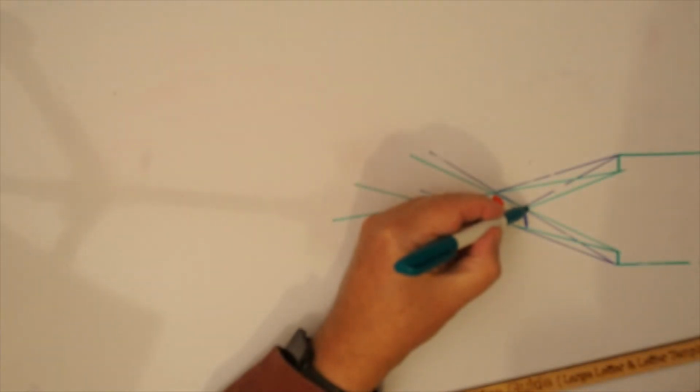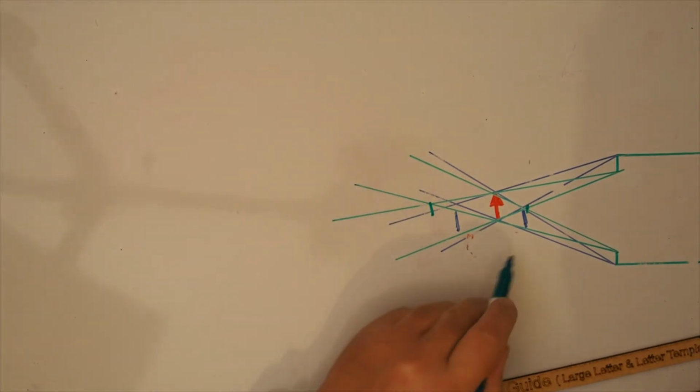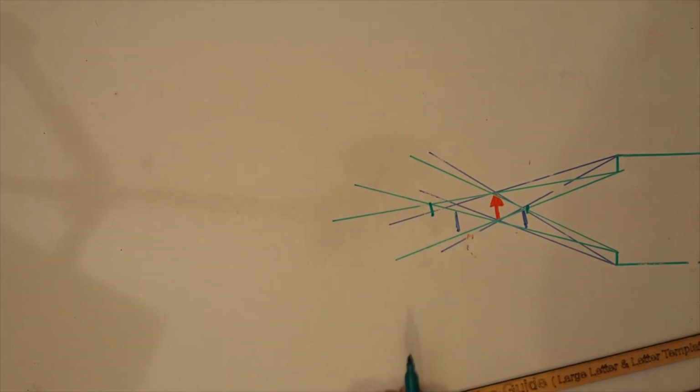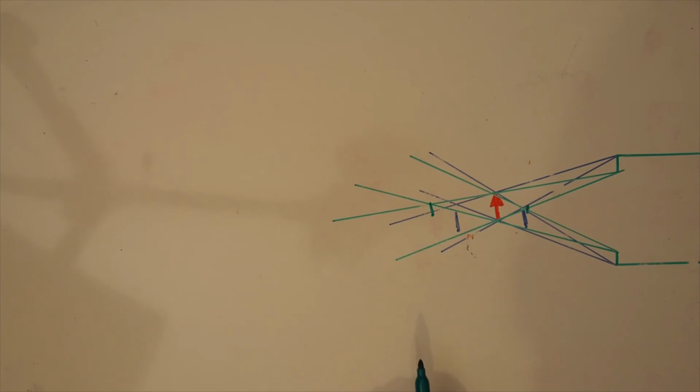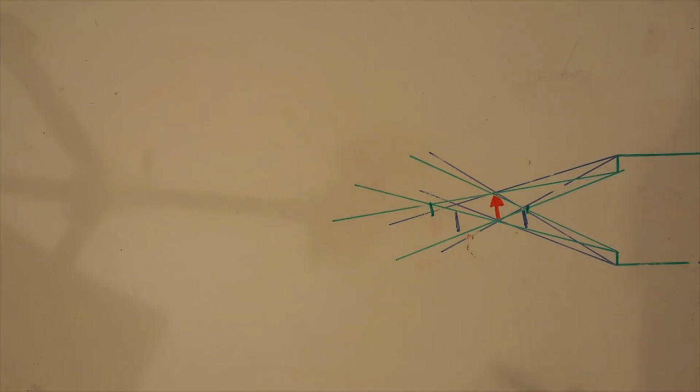So now my depth of field goes from here to here. And the smaller I make the aperture, the more my depth of field extends.